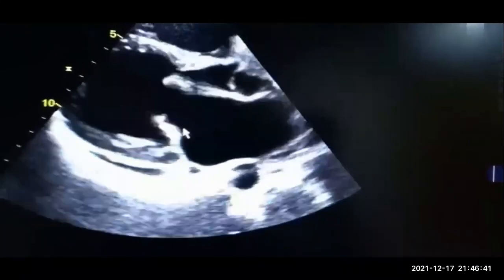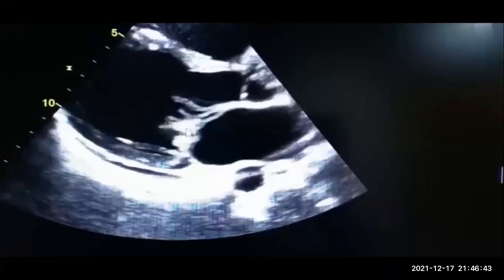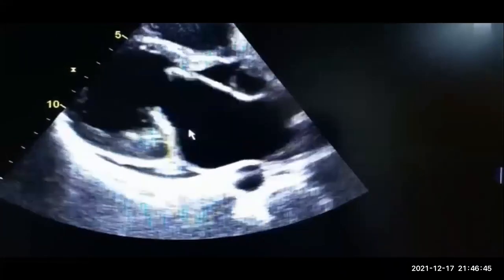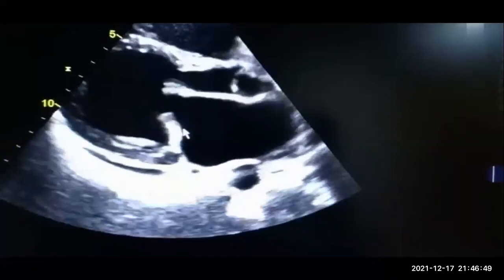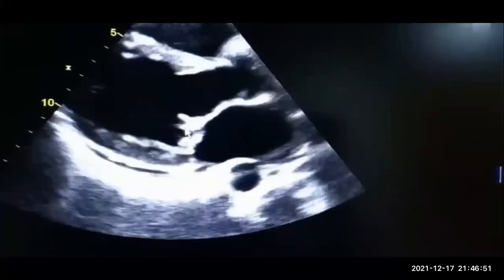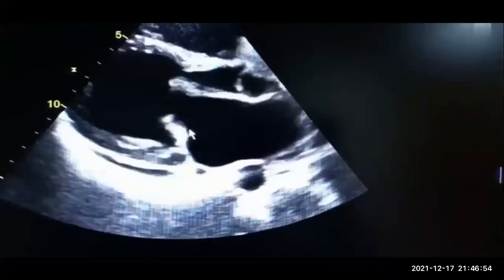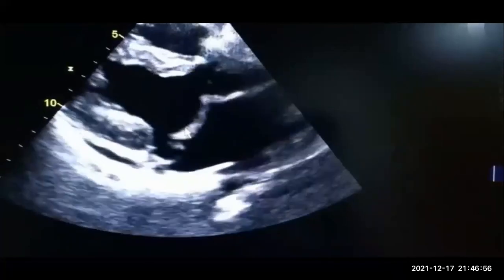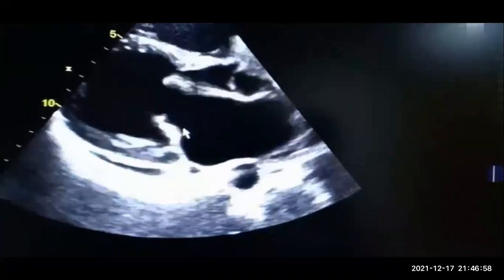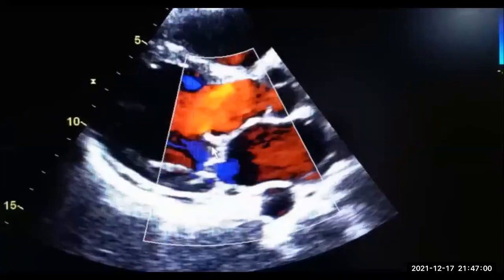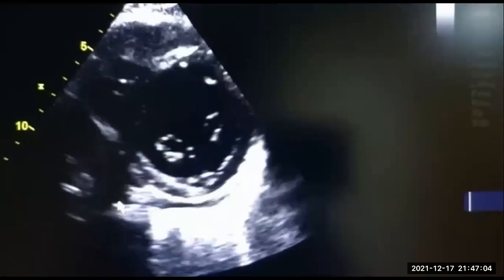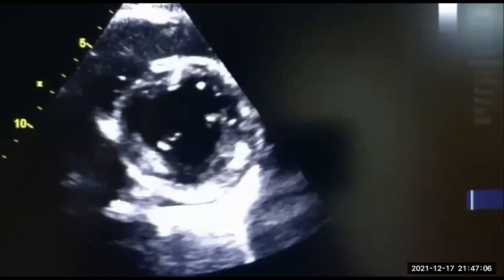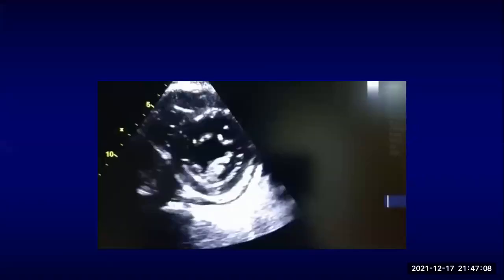When you see excessive tissue and both leaflets are prolapsing, it is more a prolapse due to Barlow disease. You see here this excessive tissue, okay?